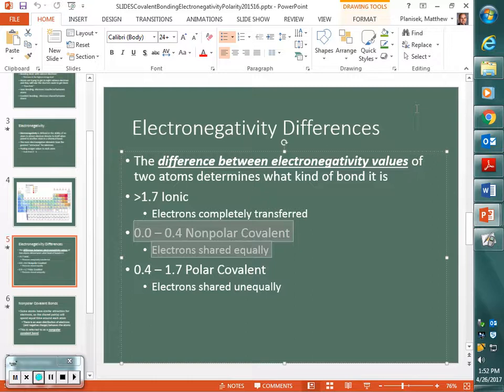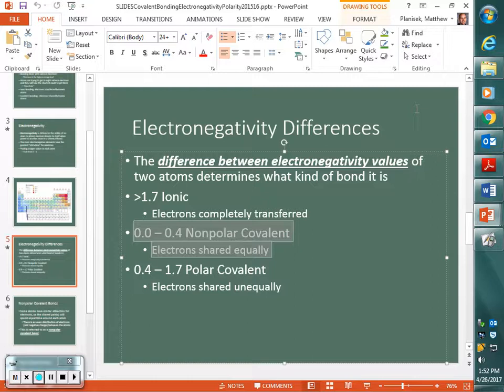But of those two fluorine atoms, one is not more electronegative than the other one. They both very strongly want to attract electrons. As a result, they share those electrons real nice and even. Okay? So it's not necessarily how strongly each individual atom wants to attract electrons, it's how they compare to each other.